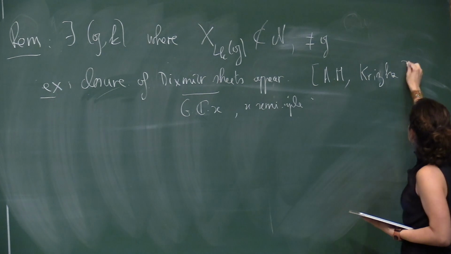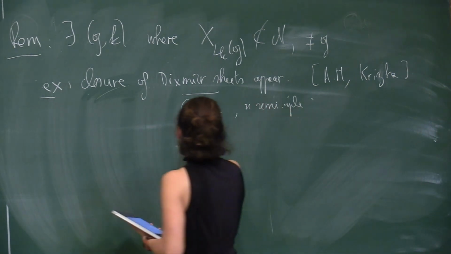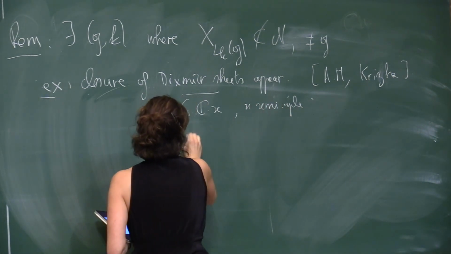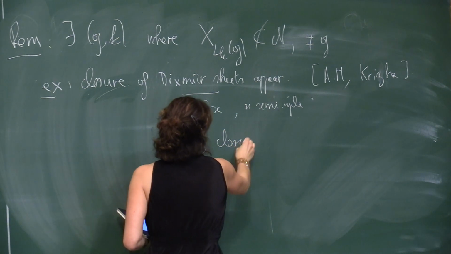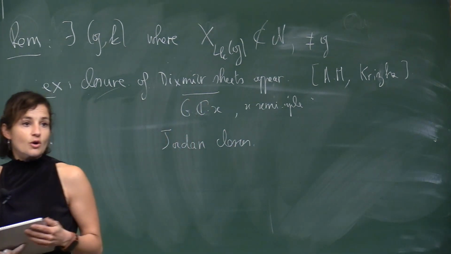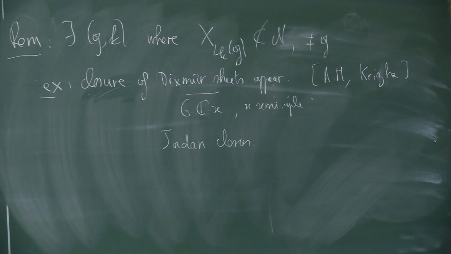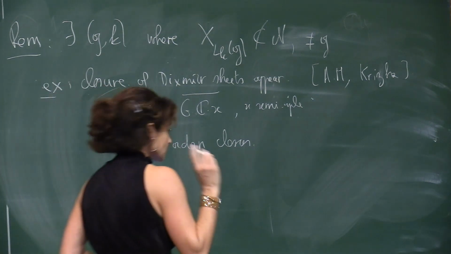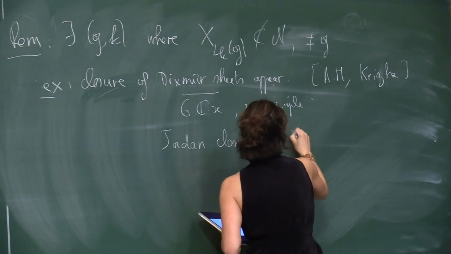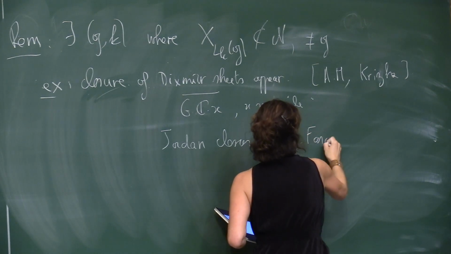More generally, you can have the closure of some Jordan classes, which are neither a nilpotent orbit nor a Dixmier sheet closure, and for instance Justine Fasquelle has an example in this case.